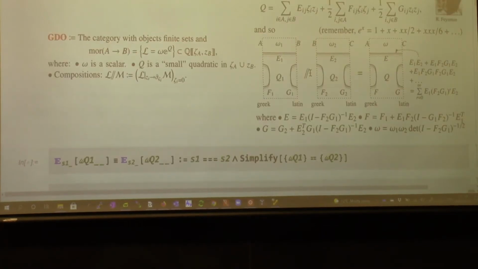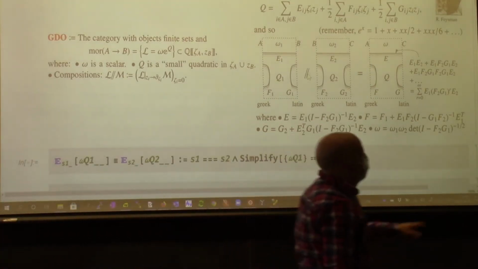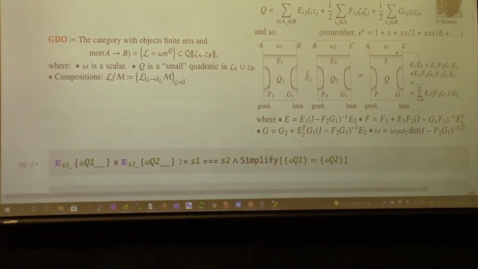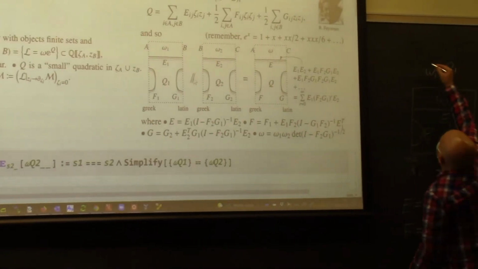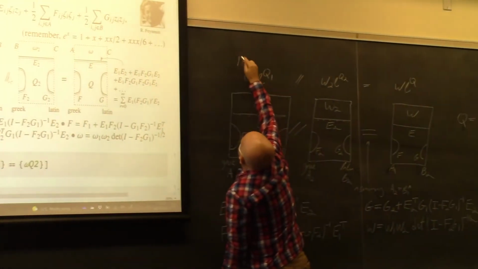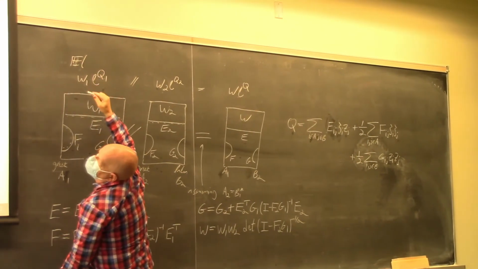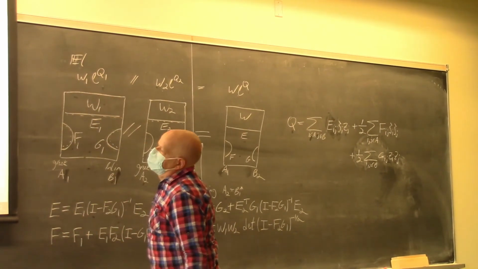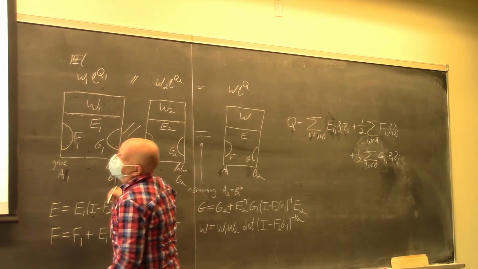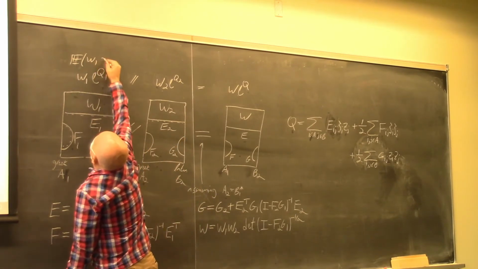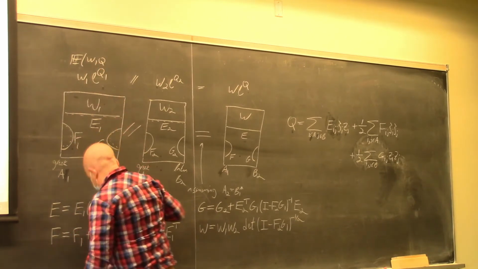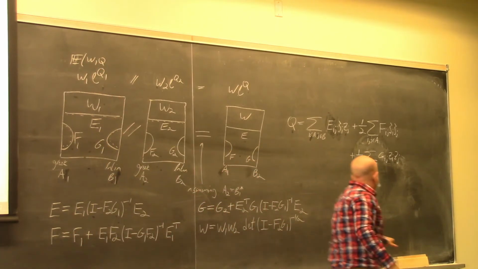But now I have to start implementing it, and then testing it, and then using it, okay? So first of all, I need a name for such a thing. So my name for such a thing would be blackboard E of omega and Q. Sorry, blackboard E. You know what?